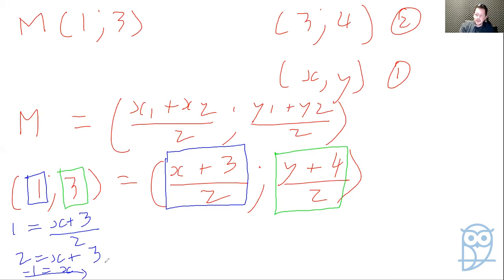Fantastic news. And even better than that, that's exactly what we got in the previous example. And then if we have a look at the y's, we know that 3 must equal y plus 4 all over 2, because that y coordinate must equal that y coordinate. So again, we multiply the 2 up, we get 6, y plus 4, take the 4 over, becomes a minus, and y is 2.